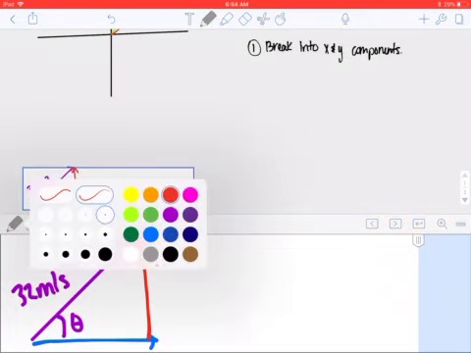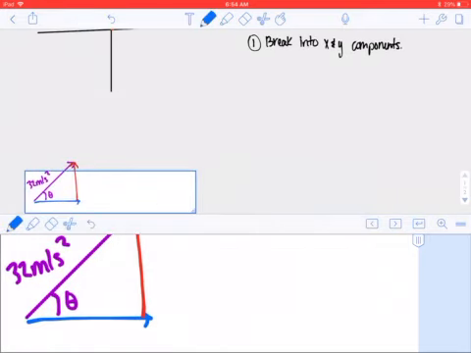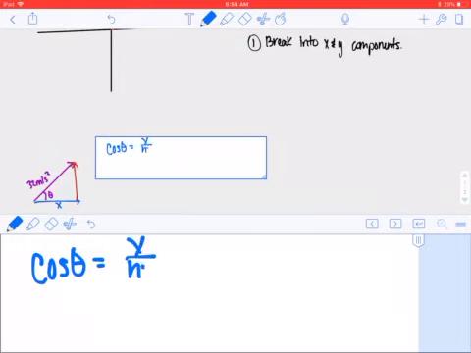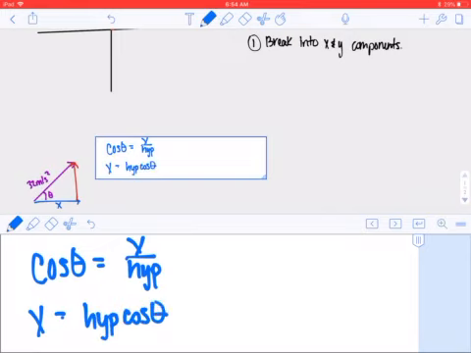For the x component, I'm going to use cosine. So the cosine of my angle equals x over my hypotenuse. So the x component of any vector equals the hypotenuse times the cosine of theta.